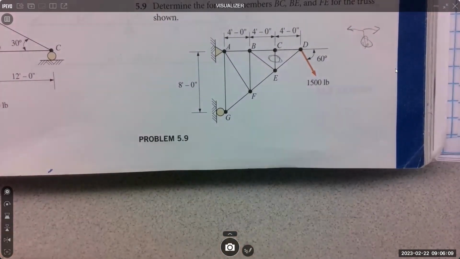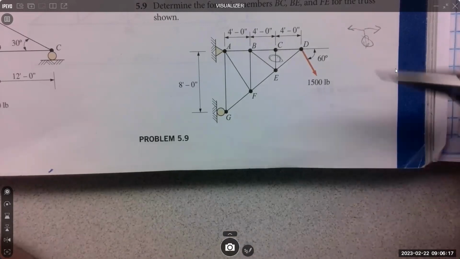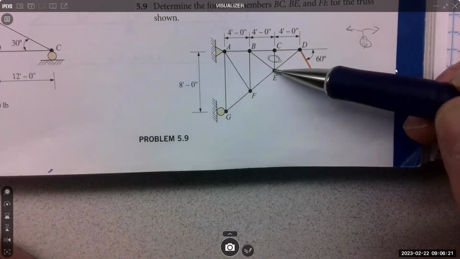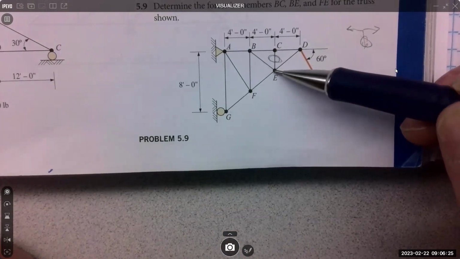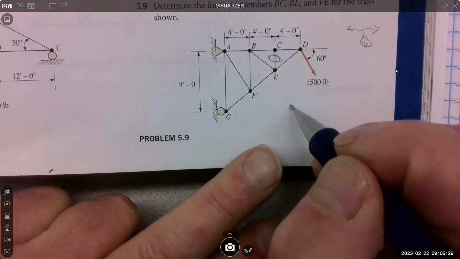Boom. Good. Now, the next good news is they can be contagious. Now that I know this is zero, I'm going to look at E, because this is gone. So now E looks like what?